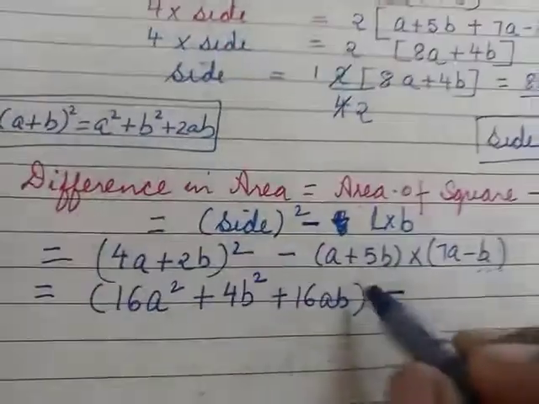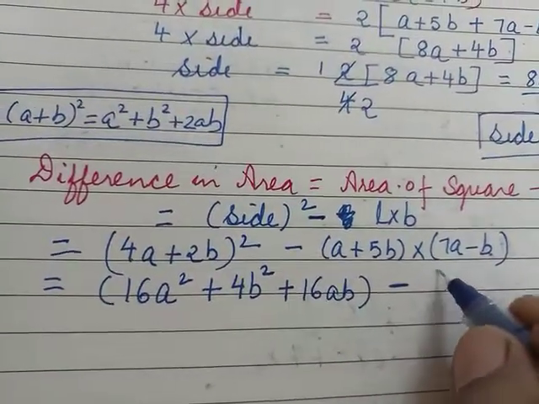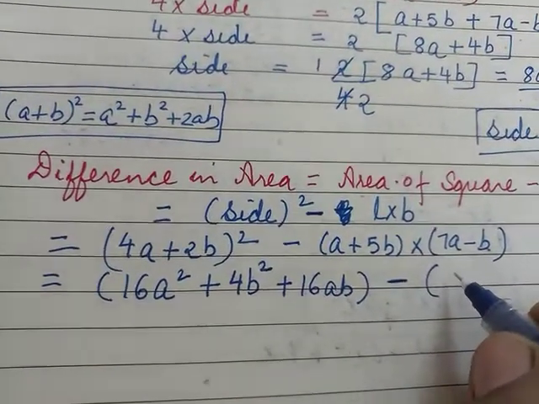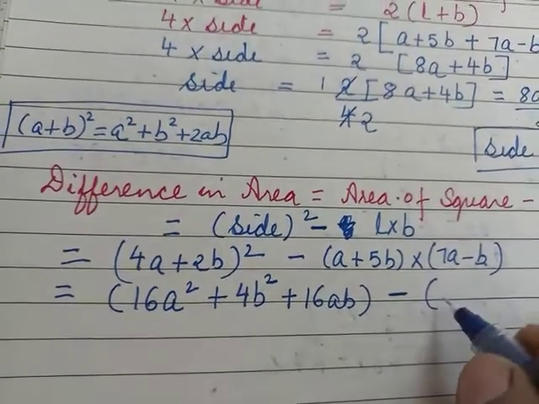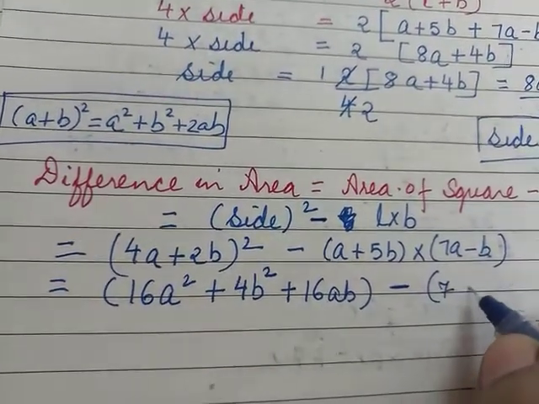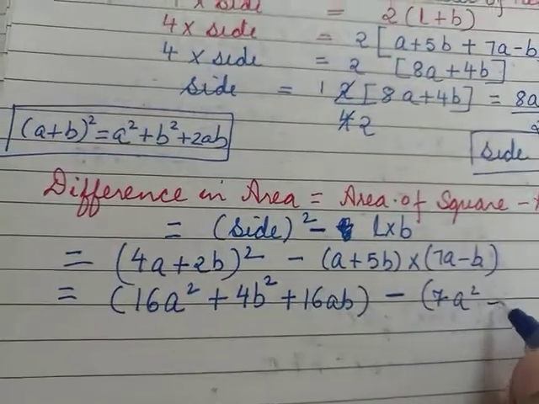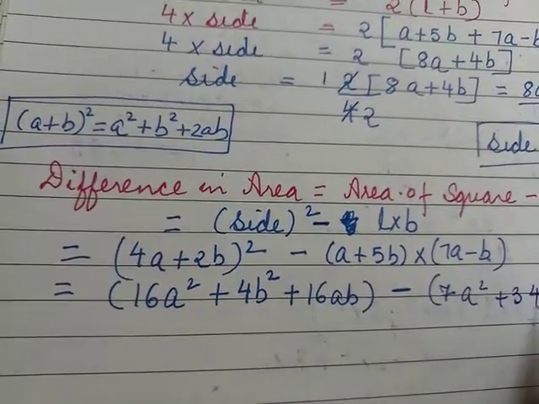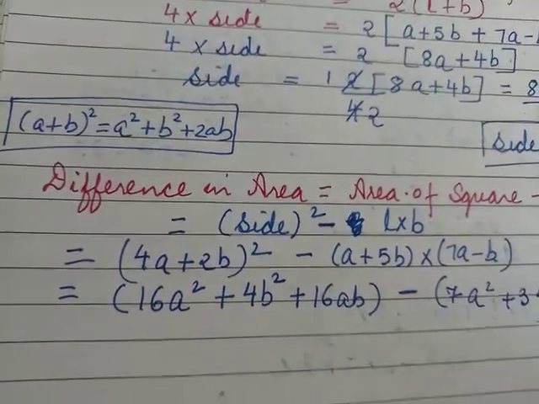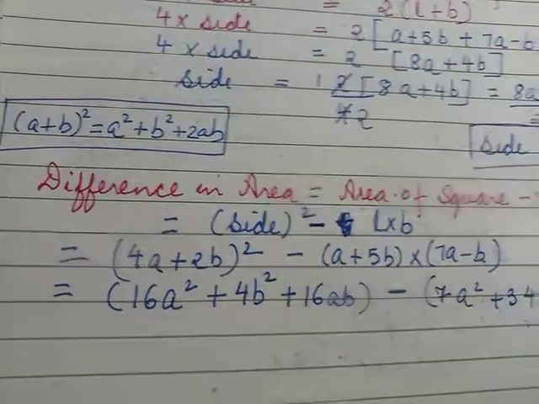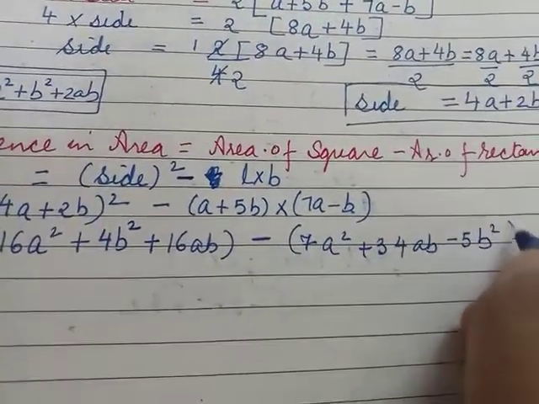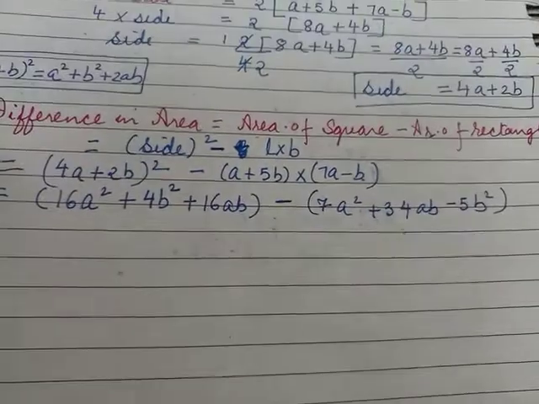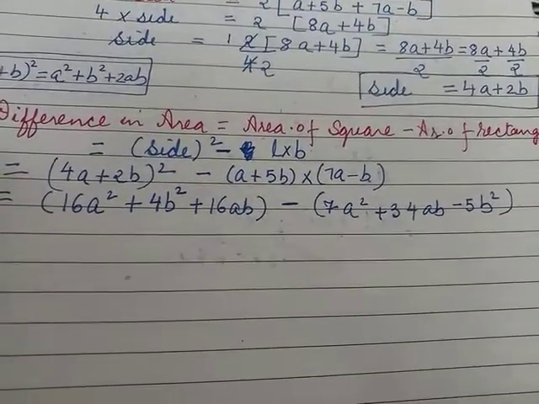Now you can multiply this also. You multiply it and then find. I am writing the product directly. So after multiplying you will get 7A square plus 34AB minus 5B square. You can multiply in the rough column and check it.